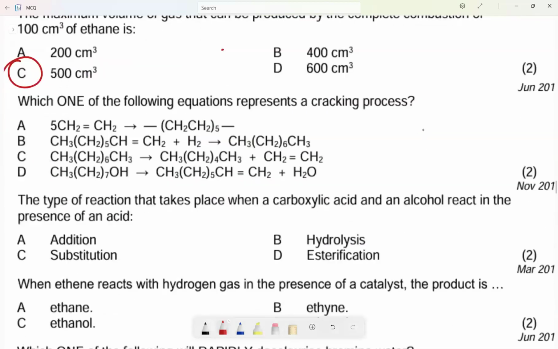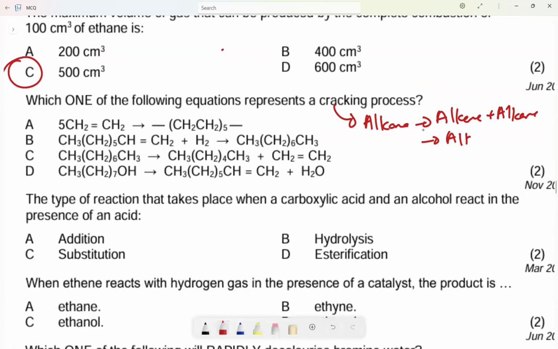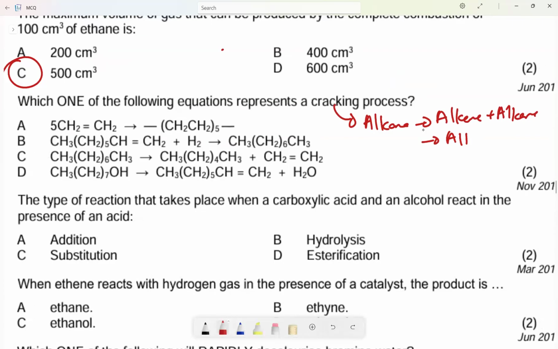How interesting is that? So which one of the following represents a cracking? Remember, for cracking, you need to start with an alkane to form an alkene plus an alkane, or to form an alkene plus H2.